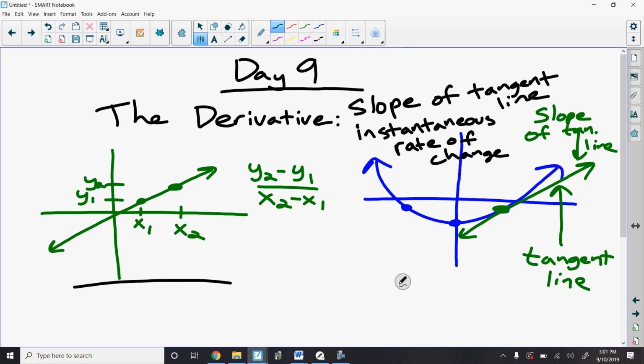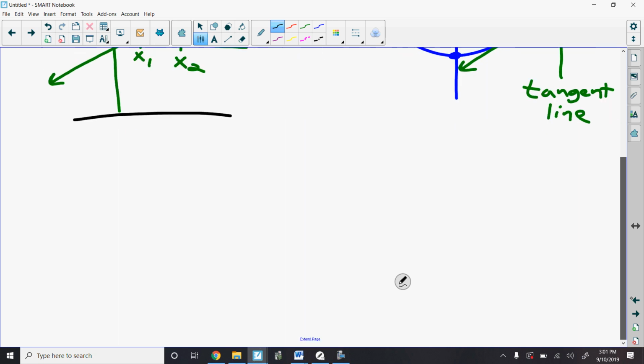Okay, so how do we then come up with an idea of the slope of this tangent line? That's what a derivative is. It's the slope of a tangent line. So let's take a look at a curved function.